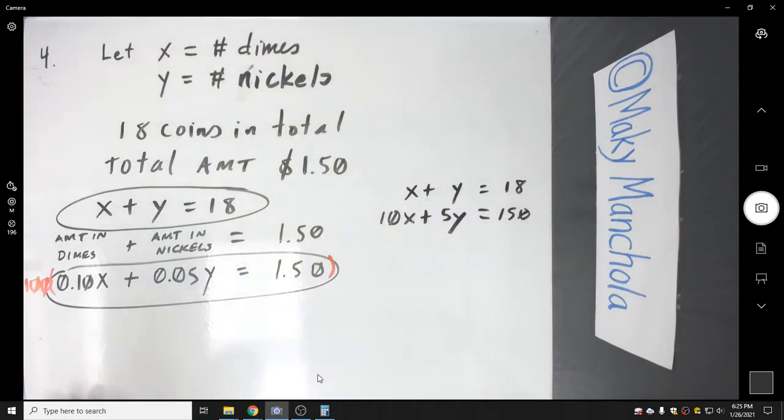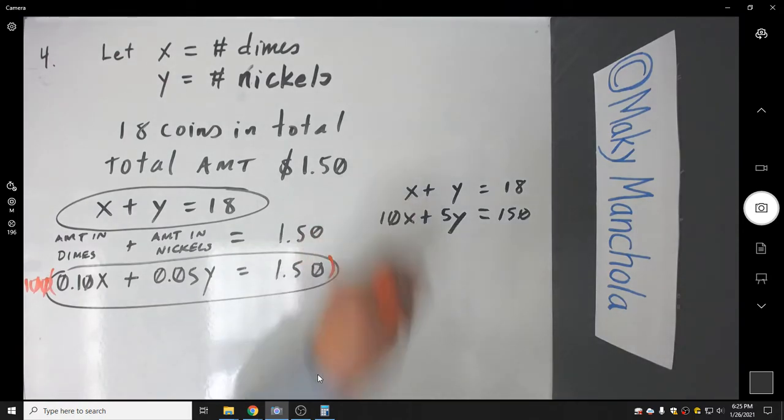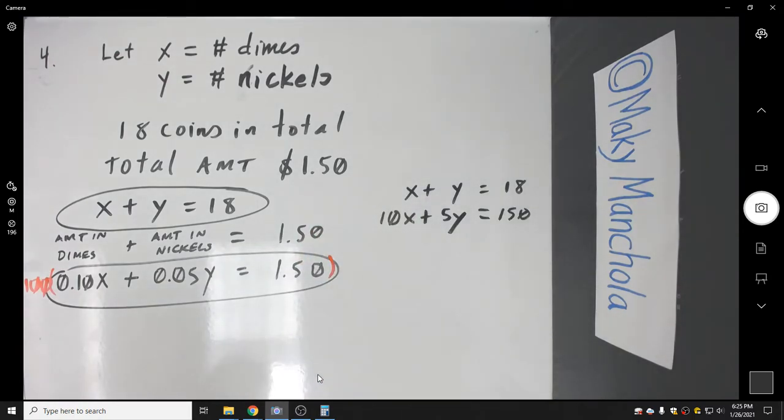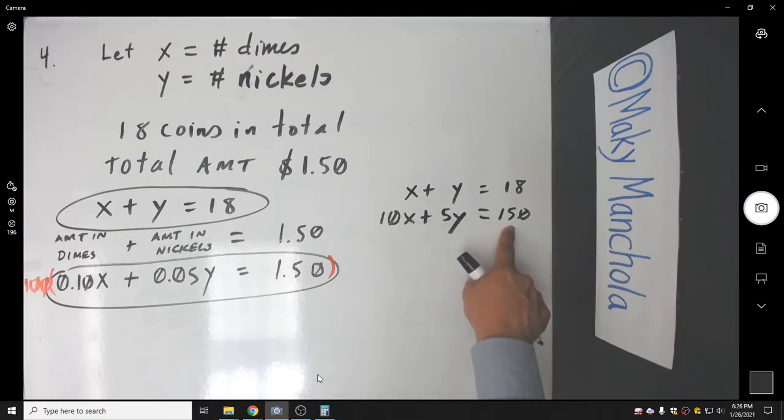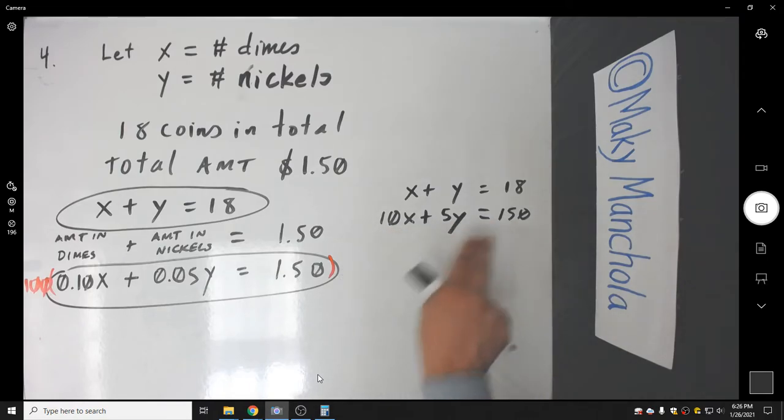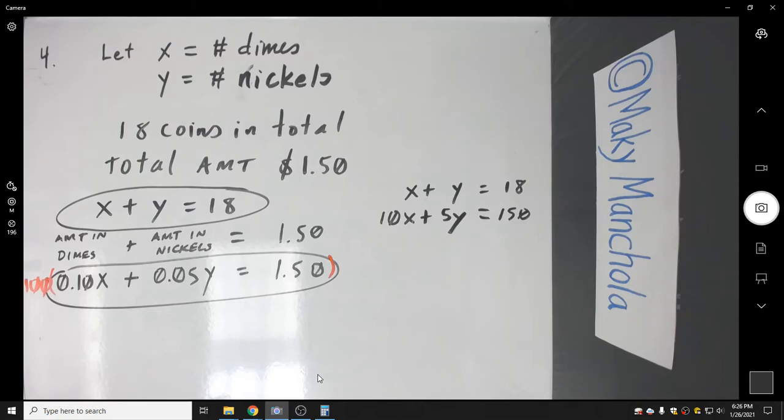Now, we can use elimination to solve this system, but let's make it a little bit simpler. Look at the second equation. Observe that the greatest common factor of those three coefficients is 5. So we can divide this second equation through by 5 and make it a simpler equation. So let's do that.